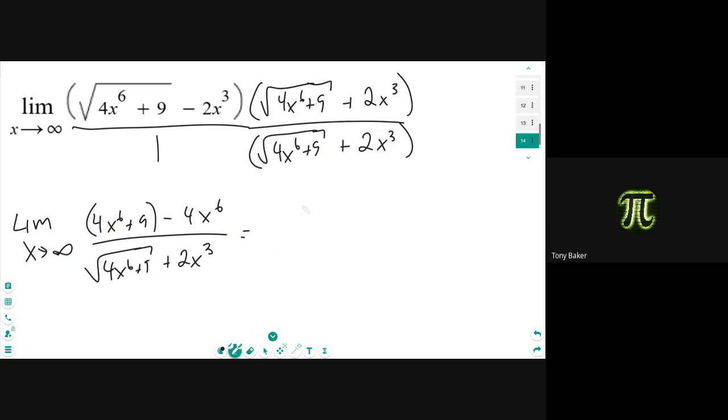So now I get 9 on the top, and plus 2x to the 3rd on the bottom.